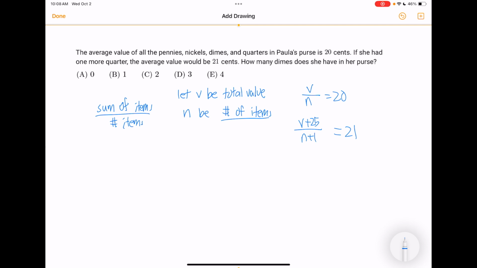So now we have a system of equations with two variables, and then we can just solve for this. So from here we get V equals 20n, and then we can just substitute that into this equation right here to get 20n plus 25.